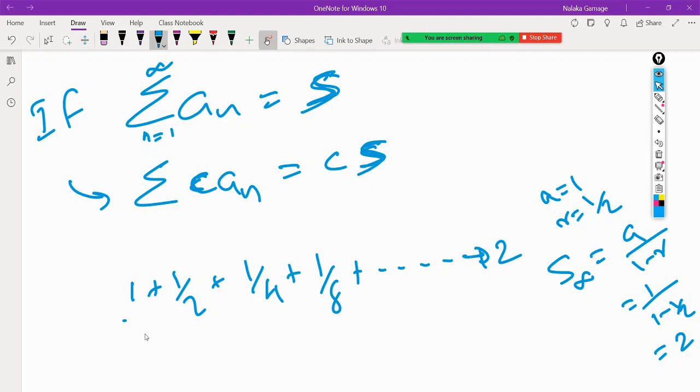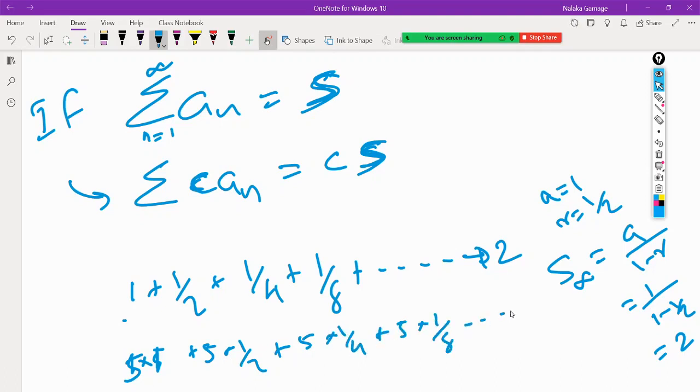Now let's assume that I have another series. I am going to create that series by multiplying each and every term by a constant value. Let's say that constant is 5, just a random value. So this is 5 into 1, 5 into half, 5 into 1 over 4, 5 into 1 over 8, and so on.